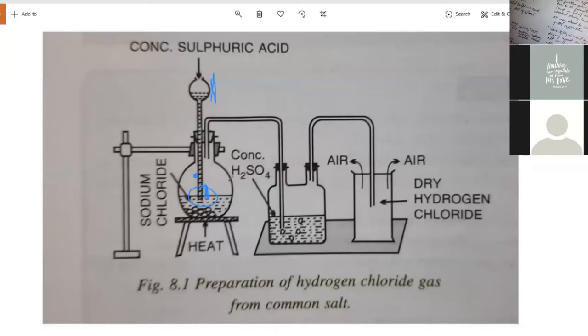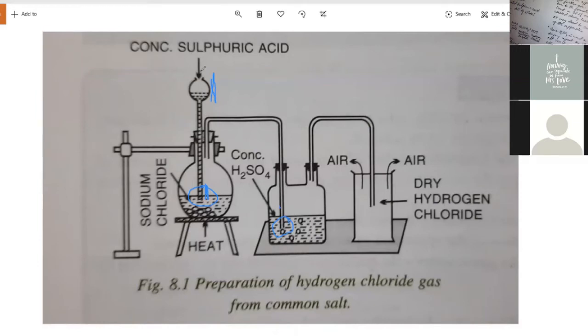So always remember this lower end of the thistle funnel should be dipped in the acid. Clear? And then same thing here also. This end has to be dipped inside the liquid, not just inside the thistle funnel. Yeah, the lower end should be inside.